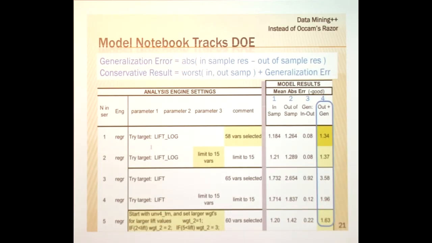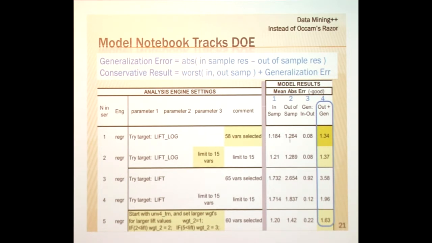So say, here, a regression, the target was lift on a logarithmic scale because it was so extreme. Sometimes a log scale would work better. The regression selected 58 variables. My in-sample results, the mean absolute error, smaller would be better. So in-sample 1.1 versus 1.2 out of sample, it would have a small gap, and the gap penalized result here would be fairly decent.